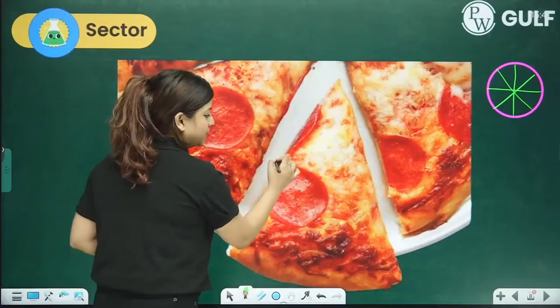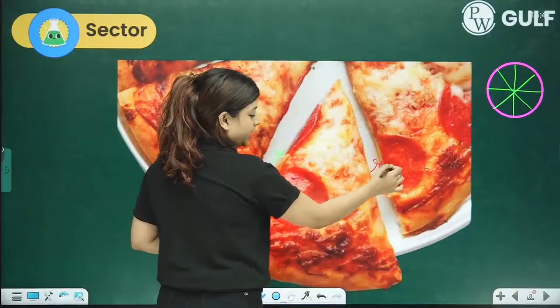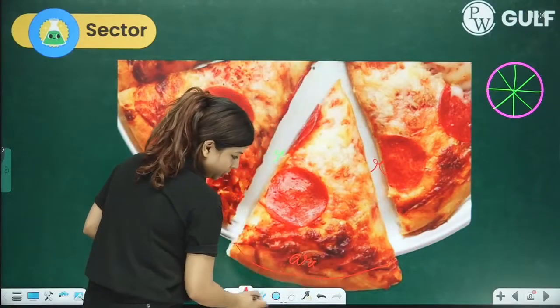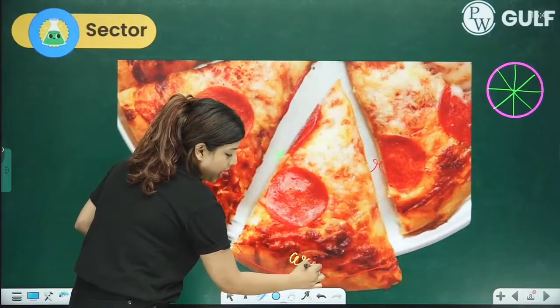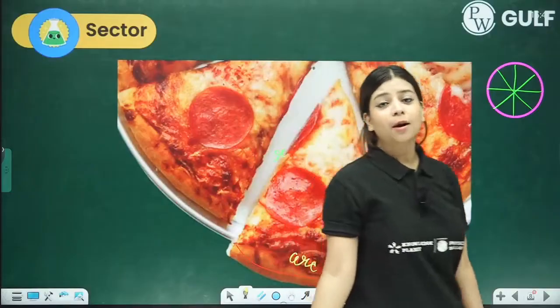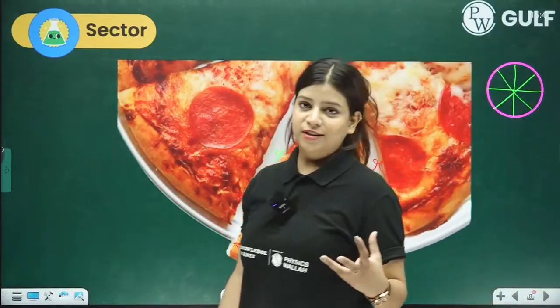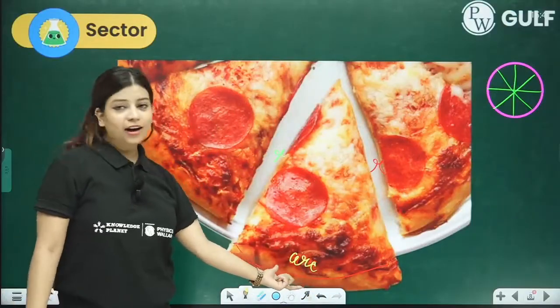This is the radii of the circle, and this is the arc of the circle, students. Radii and arc of the circle. So now when we talk about what a sector is, a sector is a part of a circle that is formed by 2 radii and an arc of the circle.